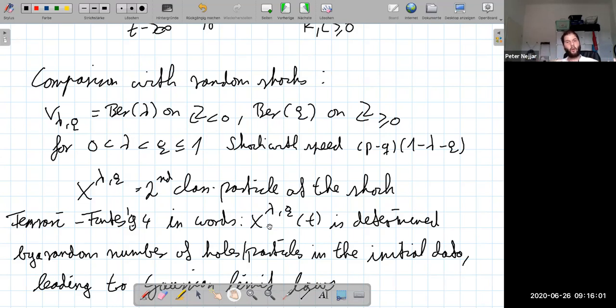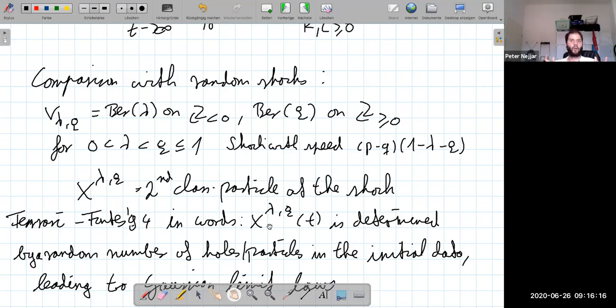randomness of the number of holes and the number of particles in this case does not come from the ASEP dynamics, but it's the random number of particles and holes which are present initially in a fixed segment.